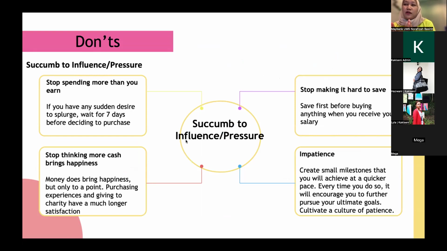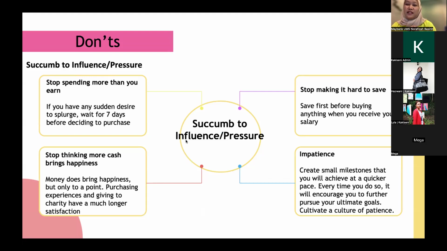So you have to make sure that you stop spending more than you earn, like I've mentioned before, just to impress others. If you have any sudden desire to splurge on anything, you just think about it first. Wait for 7 days before deciding to purchase. If after 7 days you forget about it, then so be it.